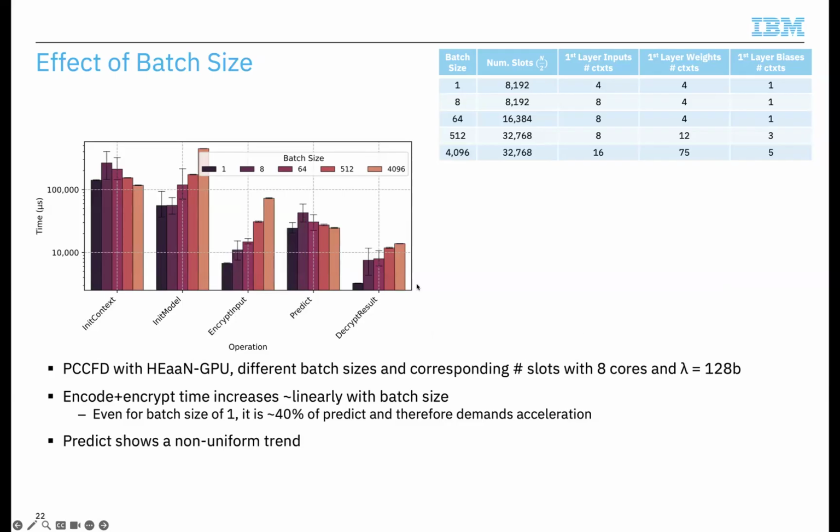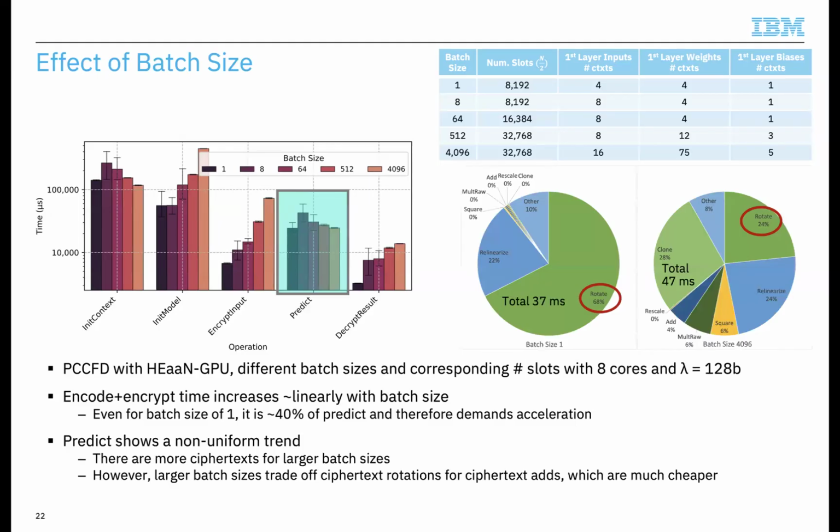And finally, the prediction takes a U-shaped graph, which was interesting. We looked at it a bit more, and there are two opposing factors. With increasing batch size, there are more ciphertexts, so more computation time. And this one shows a pie chart of the primitive-wise breakdown of the inference time.